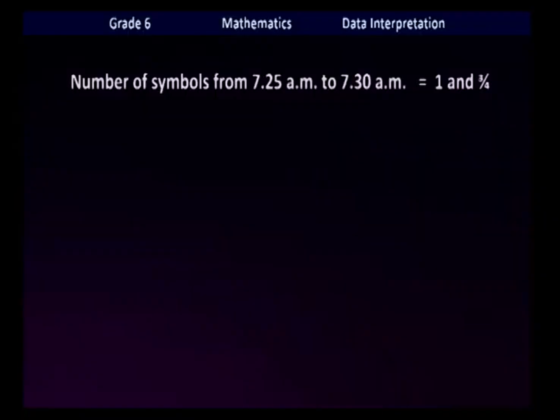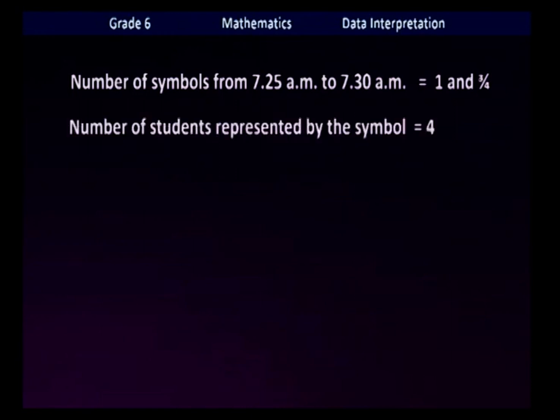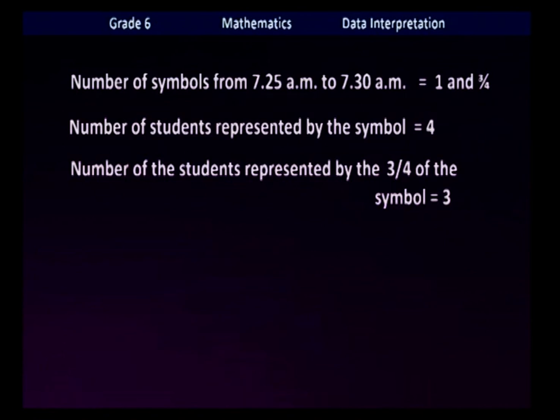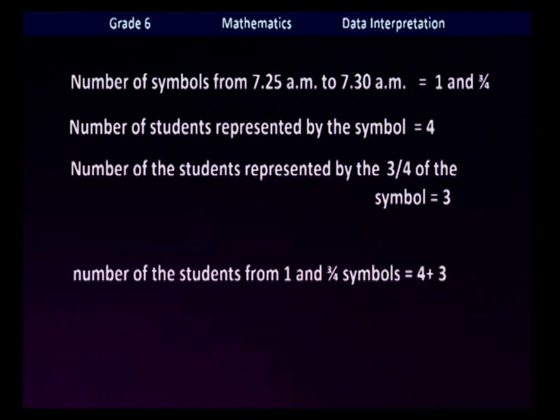Yes. Number of symbols from 7:25 to 7:30 is 1 and 3/4. That is correct. The number of students represented by this symbol is 4. Number of students represented by 3/4 of the symbol is 3. Then we have to add 4 plus 3. Yes, very good. 7 students.